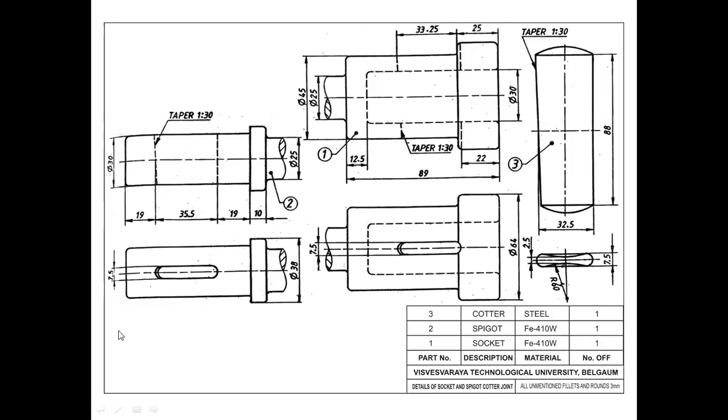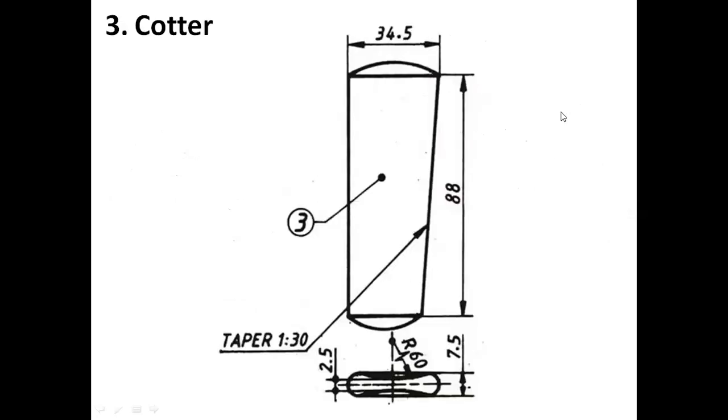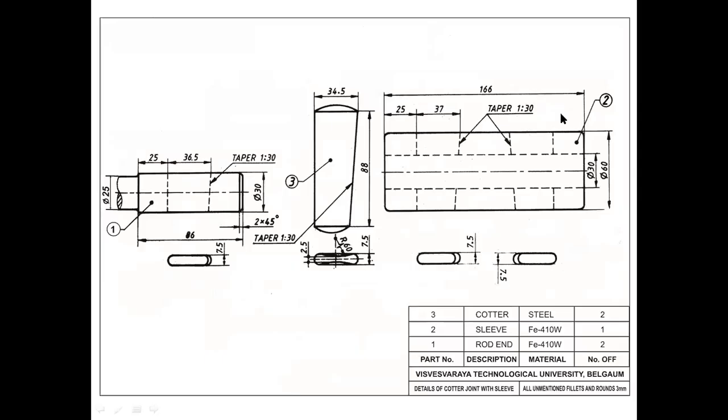The same thing has to be done for this socket spigot joint. So in this socket spigot joint we are having three main parts. If you compare this with the cotter joint, there we created only three parts, but we called two of them two times.